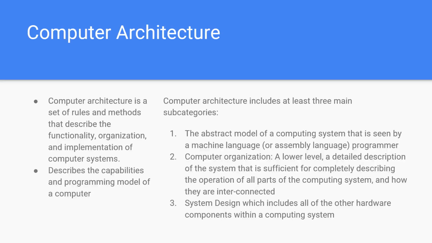So a computer is quite a complex system. We have the chip, which is the heart of the computer, but we also have the disk, the memory, the monitor, the keyboard. So all of these system designs go into our overall computer architecture, computing architecture.